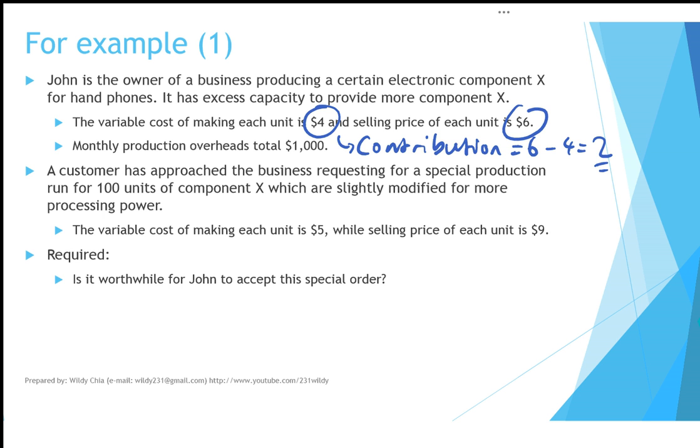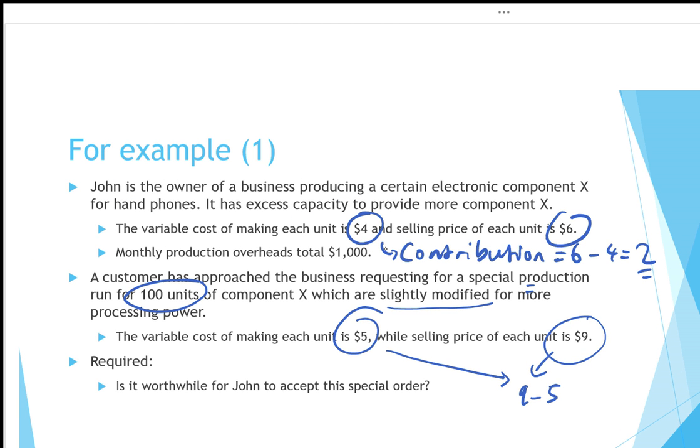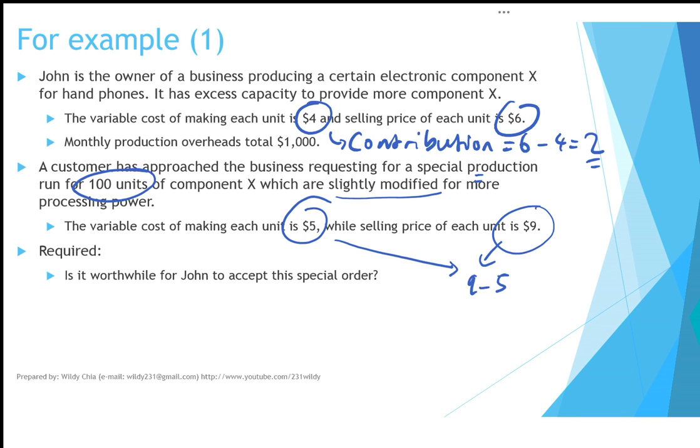A certain customer came and said that he would want to have a special production run, a special order of 100 units of X, but these are slightly modified. The variable cost as such is slightly more expensive. Selling price is of course higher. Now for this case, the contribution becomes 9 minus 5, which gives $4.